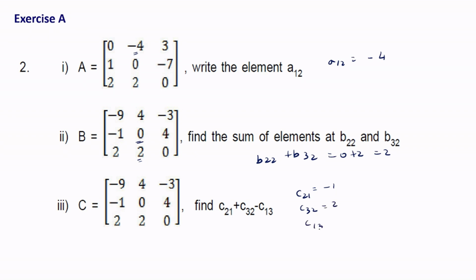And C13 is the element in the first row and the third column, it is minus 3. So C21 plus C32 minus C13 is minus 1 plus 2 minus of minus 3, which is plus 3. So it is 5 minus 1, equal to 4.